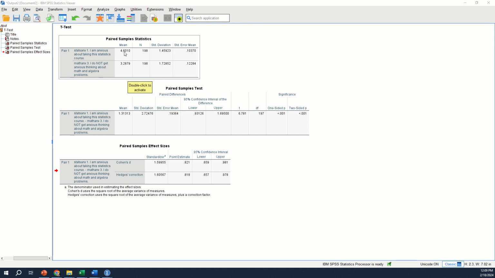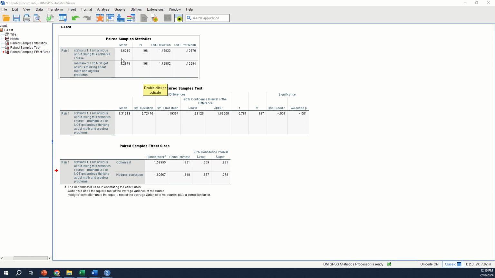But this actually reflects that people are more anxious about math than they are about taking this stats course. Math is freaking them out a little bit, or well, we'll see. Take a look at Cohen's d down here, but people are more anxious about math than about just taking the stats course.